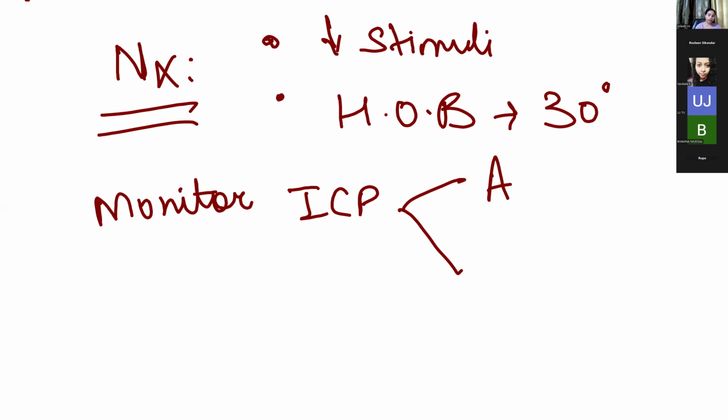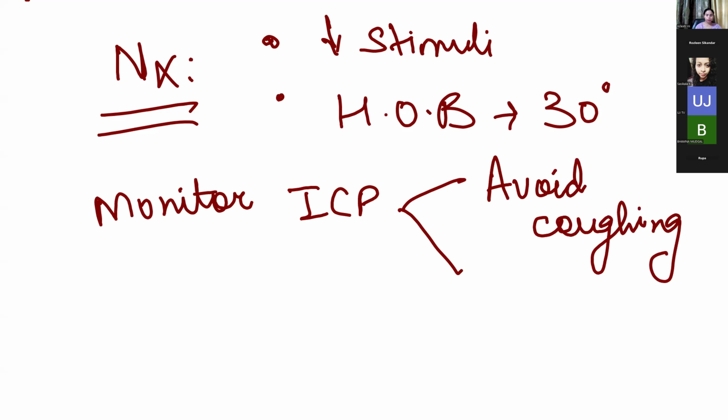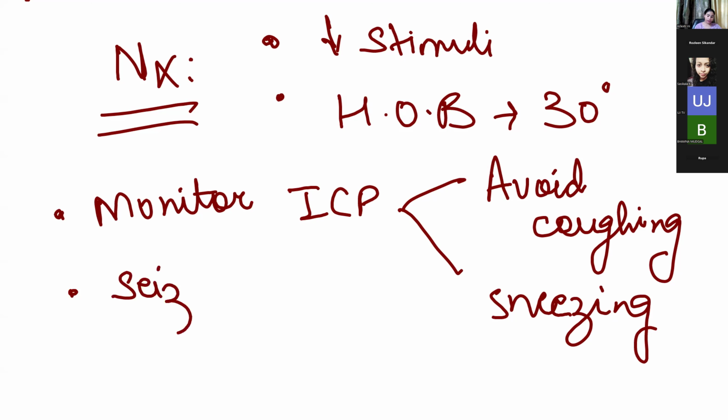For which, उसके लिए आप क्या कर सकते हो? आपको अवॉइड करना है पेशेंट को कफ ना हो और पेशेंट जोर से स्नीज ना करे, बिकॉज कफिंग और स्नीजिंग से हमारे ब्रेन का जो ICP होता है वो बढ़ जाता है. उसके बाद हमने देखा था कि सिम्टम्स में सीजर्स भी थे. अब अगर सीजर्स के सिम्टम्स हैं तो हम सीजर्स के प्रिकॉशंस भी ले सकते हैं या नहीं ले सकते?